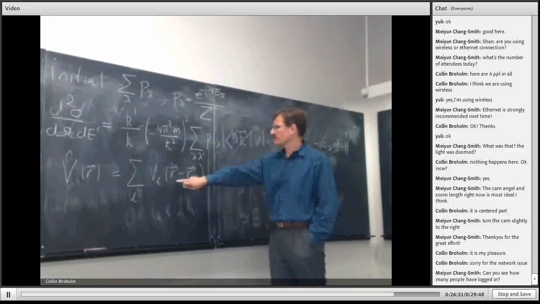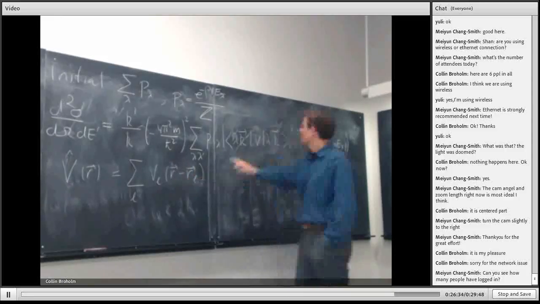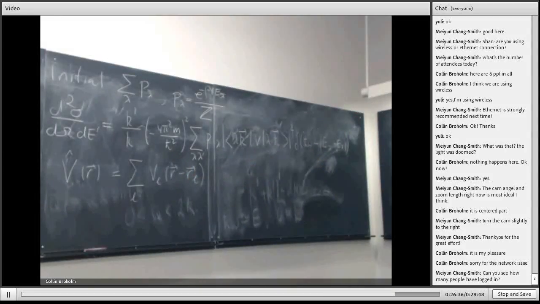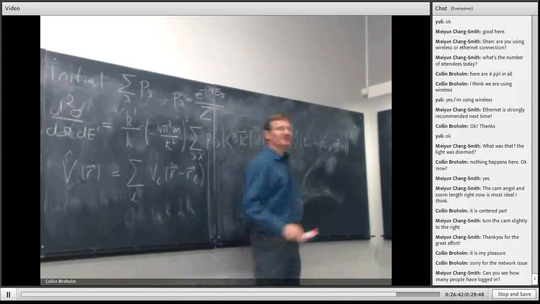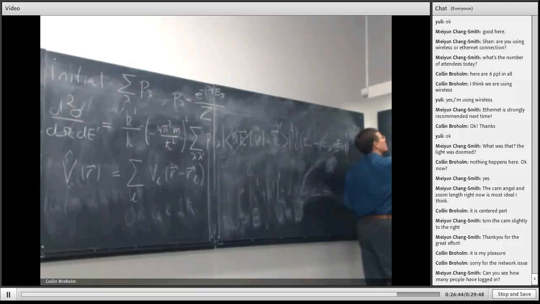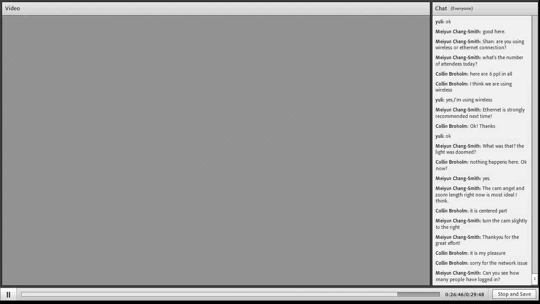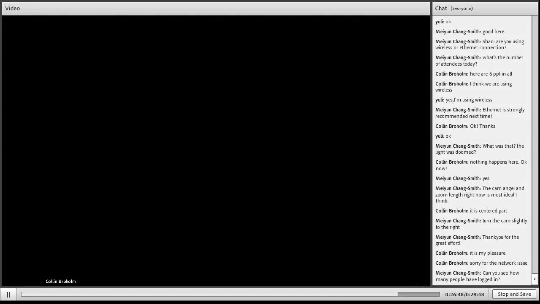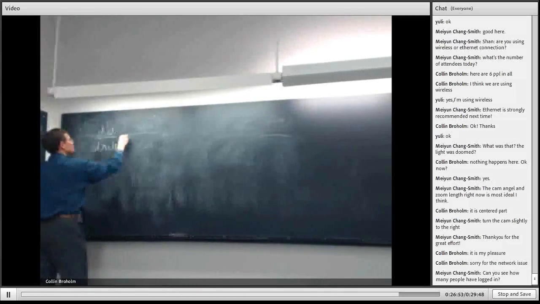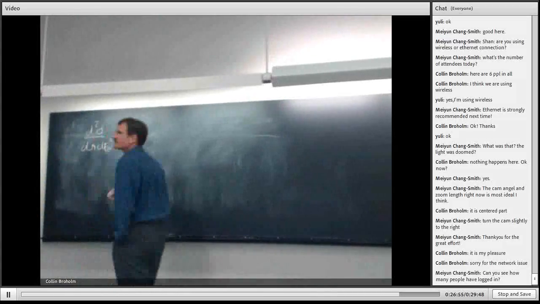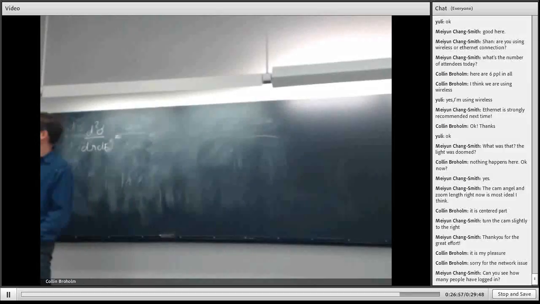But let me see what happens when I introduce this into my partial differential scattering cross-section. I'm going to do that on this board over here. Good. I'm going to be operating essentially just on this part of the expression.